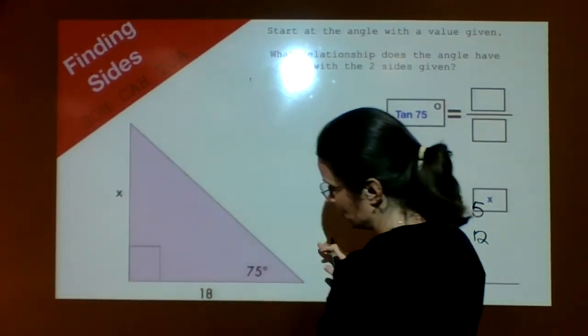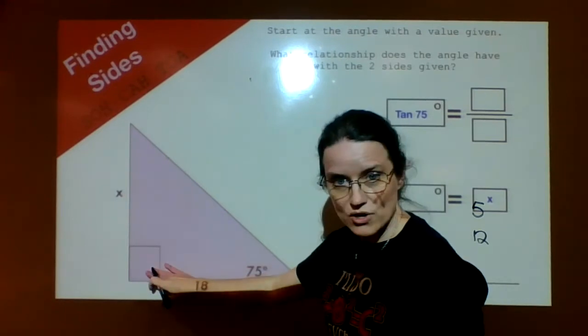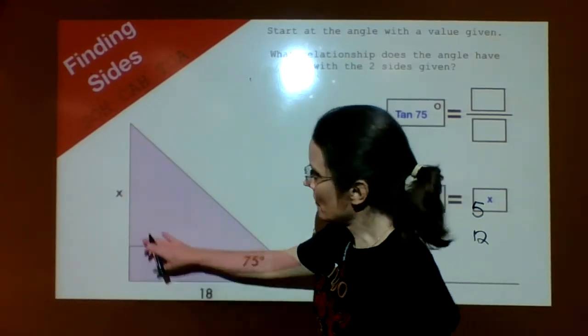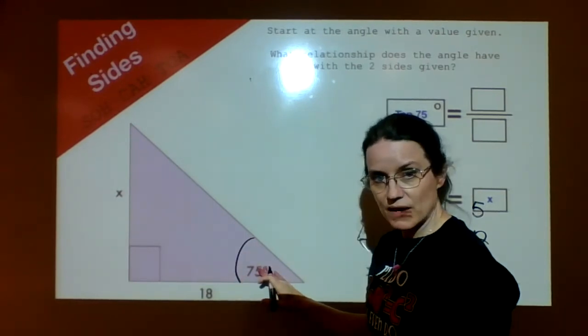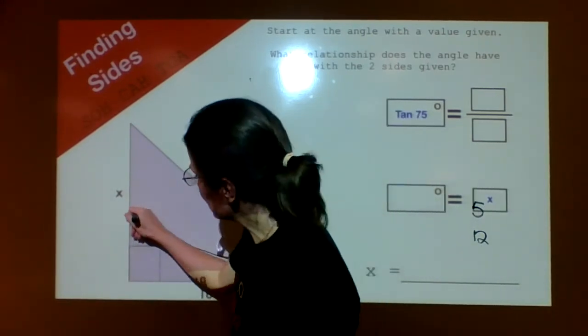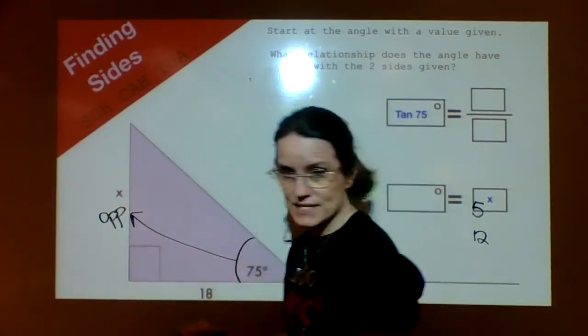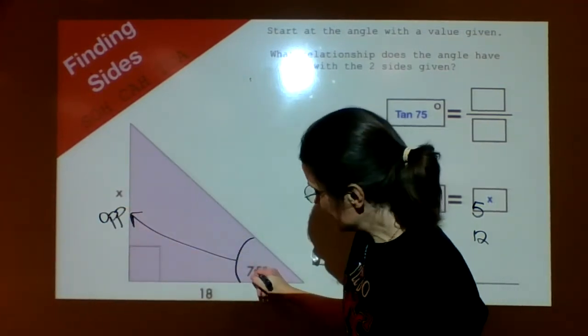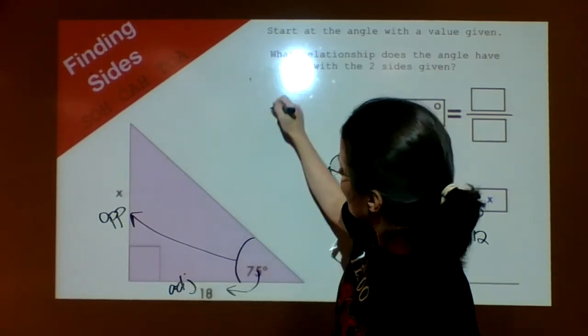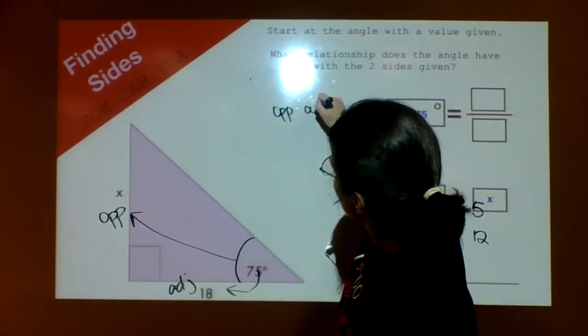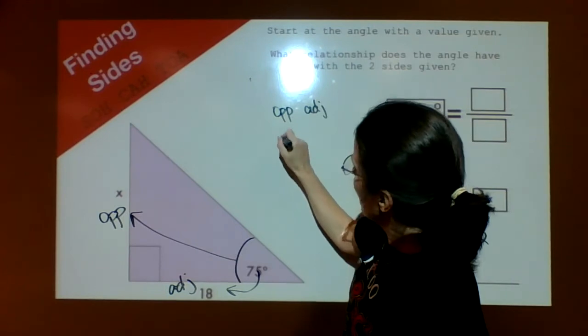You look at this problem and you go, okay, right triangle, so I can use trig. I don't know this side, but I know that I have this 75-degree angle, and the missing side I want is opposite. And the side that I happen to know is adjacent. So since I have an opposite and an adjacent, I know that I have OA.